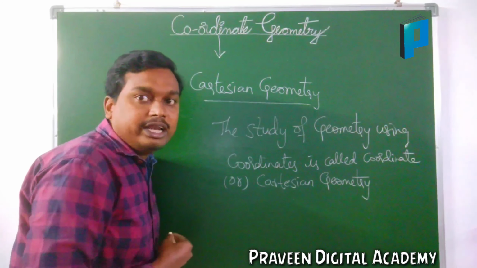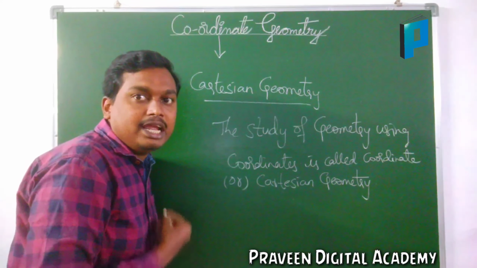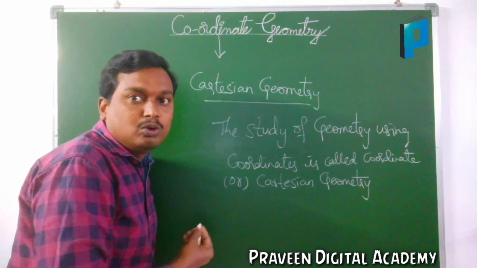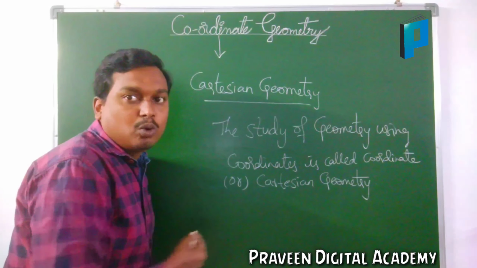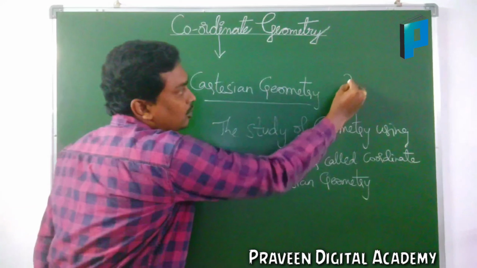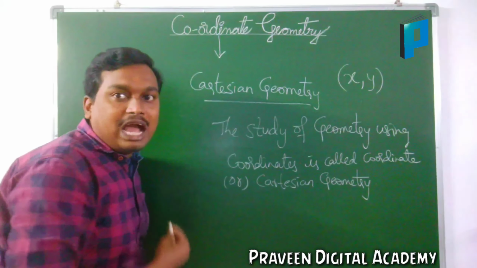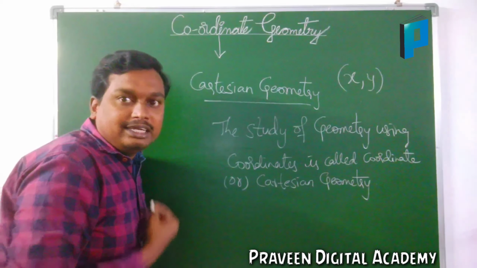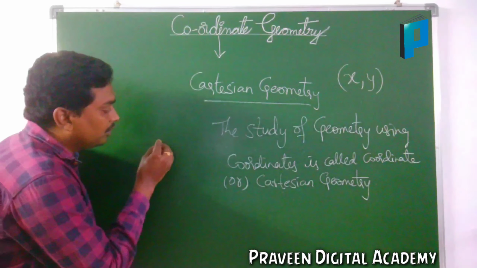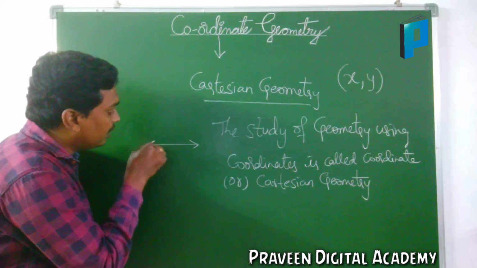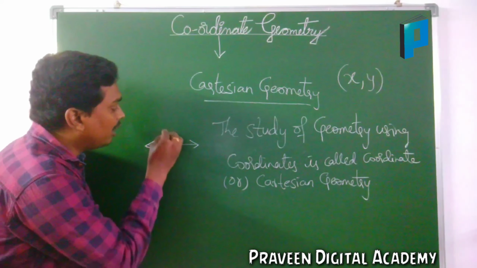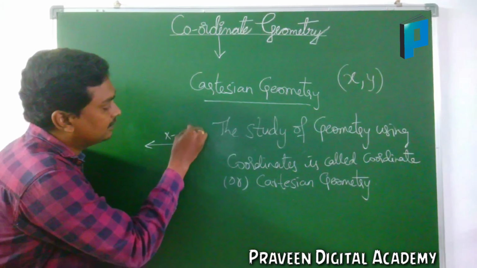A coordinate or Cartesian geometry will have two coordinates, the x coordinate and the y coordinate, in the coordinate system. The horizontal line in a coordinate plane is called the x-axis.